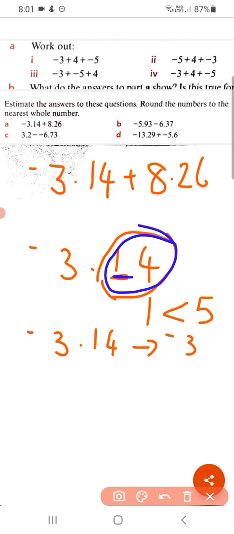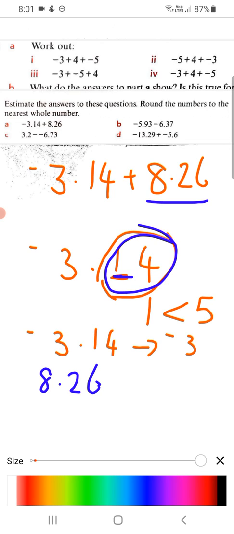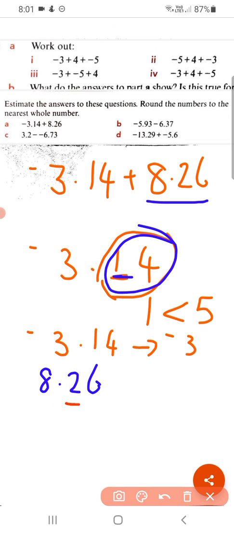Now children, our second number is positive 8.26. Same steps. Check the first place after the decimal, that is, the tenths place. 2. 2 is less than 5. So same step: if the 10th place is less than 5, we have to remove this place.